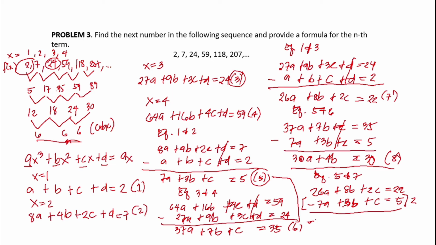We'll just copy. Okay, and the next page. In the next page, we copy this one as 26a plus 8b plus 2c is equal to 22 minus 7a plus 3b plus c is equal to 5. So in order for us to extract c, multiplied by 2, all equations.